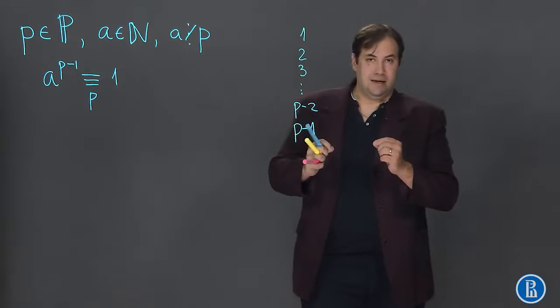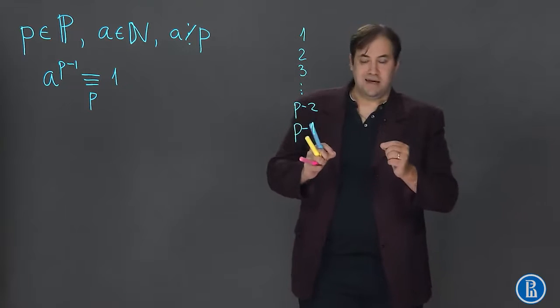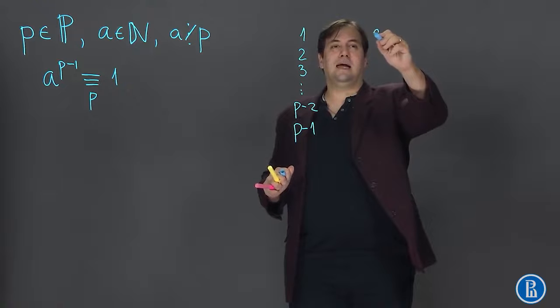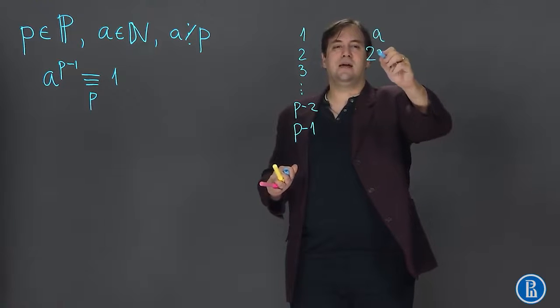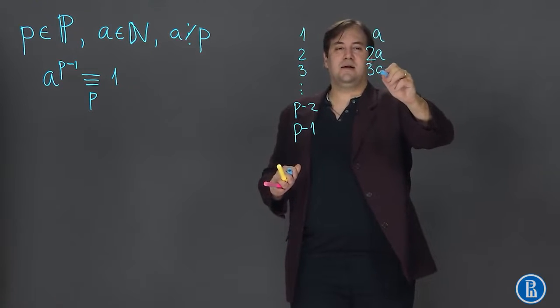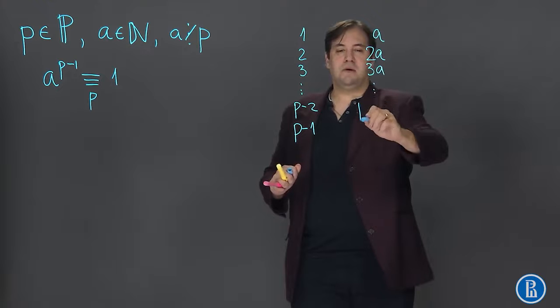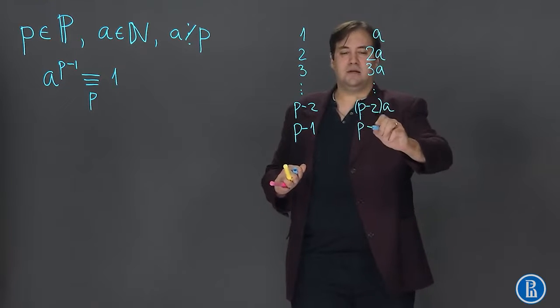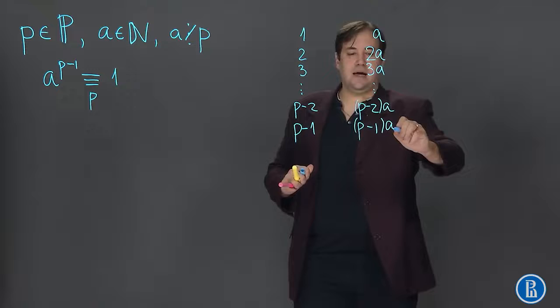And multiply each of them by a. So we gain a, 2a, 3a, and so on, (p minus 2)a, and (p minus 1)a.